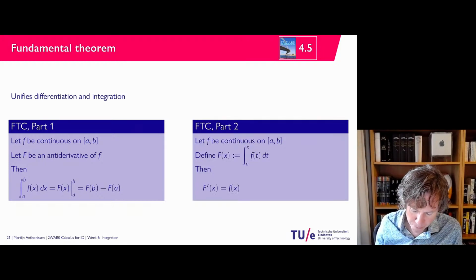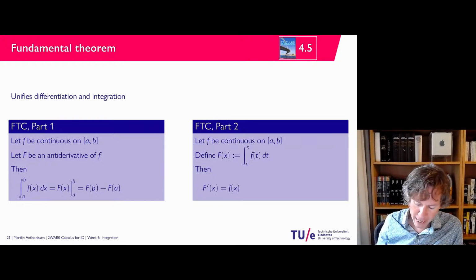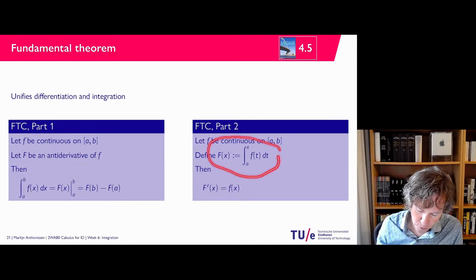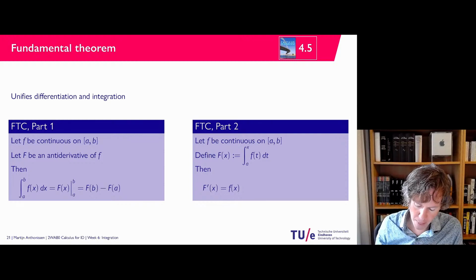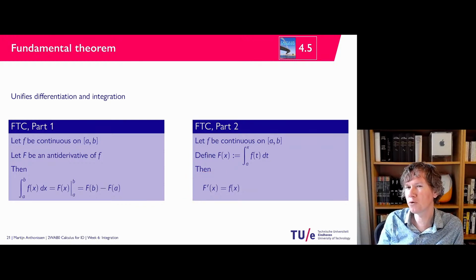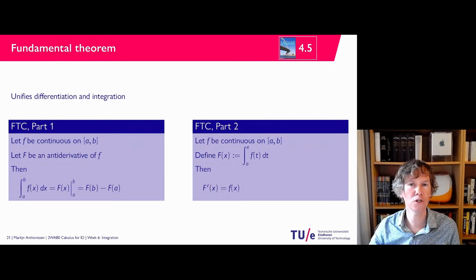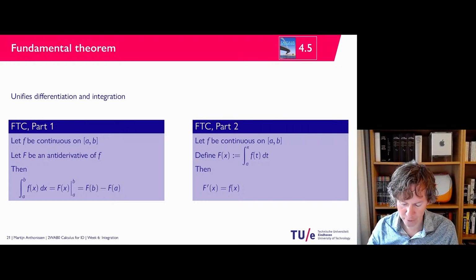Then there is a part 2, and part 2 is a little bit similar. We start with little f, which is continuous, and now we're going to define this integral, and then F prime equals little f. This one is a bit more obscure at the moment. I'm going to cover a number of examples, and hopefully once you have seen the examples, you know what it means and how to read it.